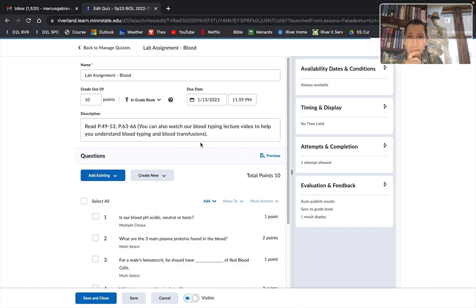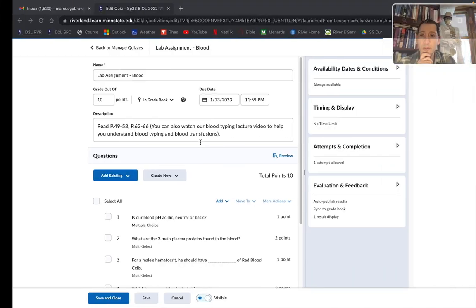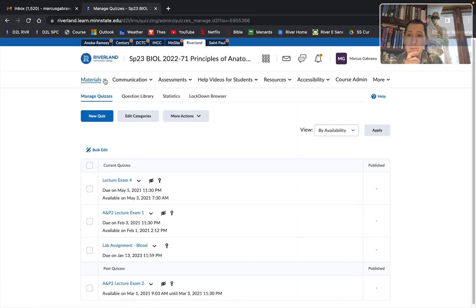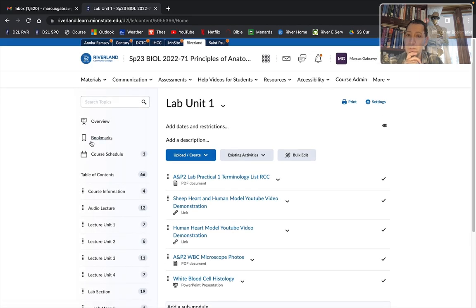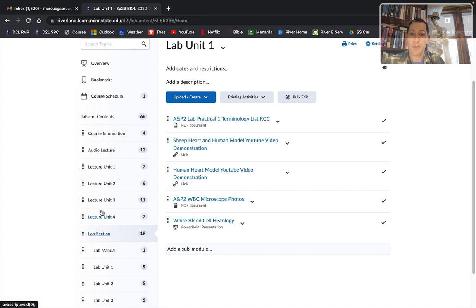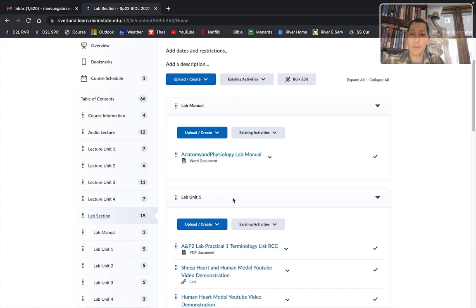And then you go to your lab manual. Where's that? Go to materials, go to content, go to lab section, and here it is right here. Anatomy and Physiology lab manual.